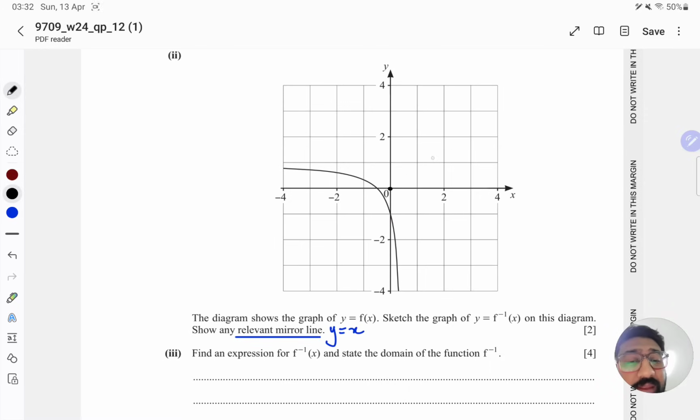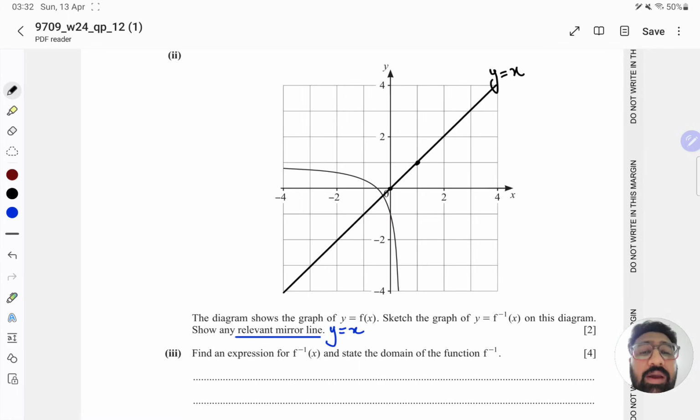So for making y equals to x, I will make 2 points. I will join them with the help of a straight line, and I'll stretch them to both ends. So this is the line for y equals to x. This is basically the mirror line that he was talking about.